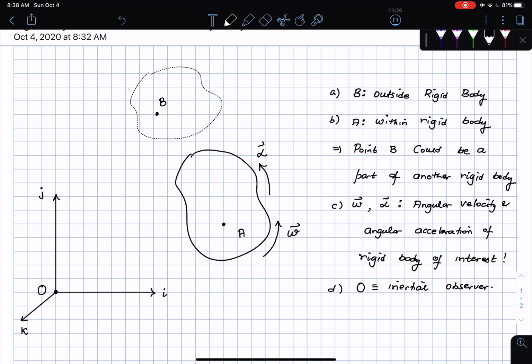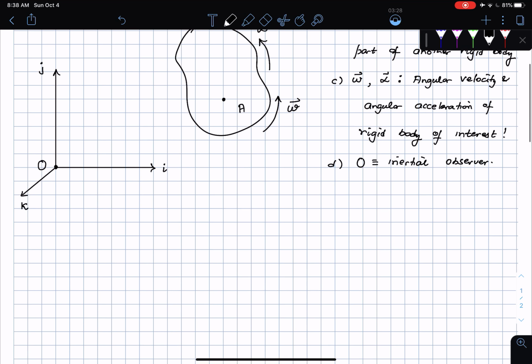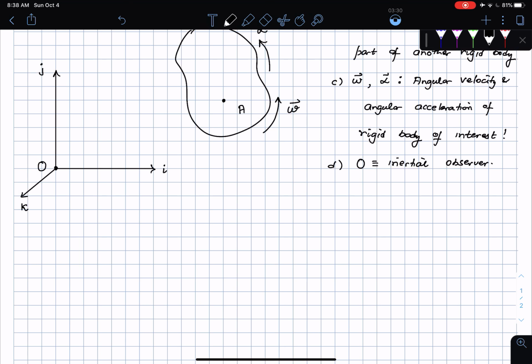One thing I want to make a note of is I want to define what is called a triad of unit vectors, or a unit vector triad.